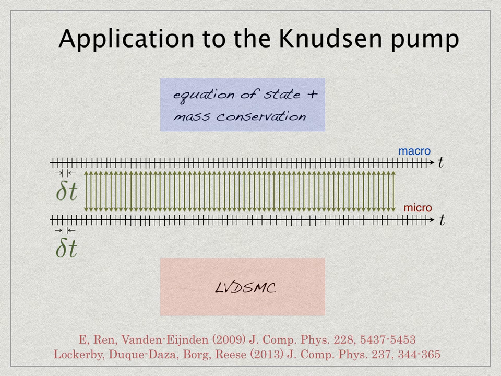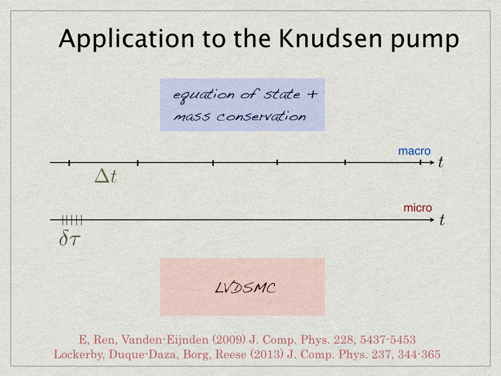So what we do, and I refer you to these 2 papers at the bottom here for more details, is we allow the macro model and the micro model to advance at different time steps, but we couple them as if they are the same time step. So what we're performing here is an asynchronous coupling, and that's accurate when you have a very scale separated system, which we have here.